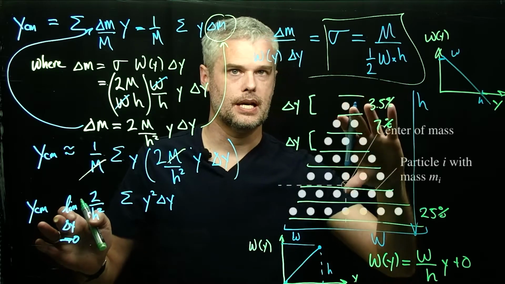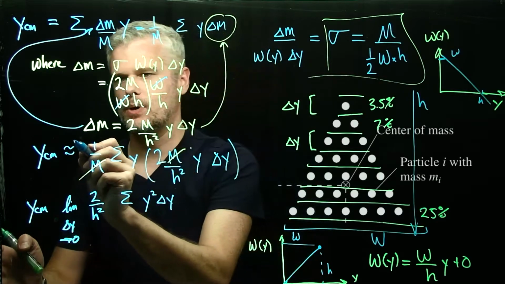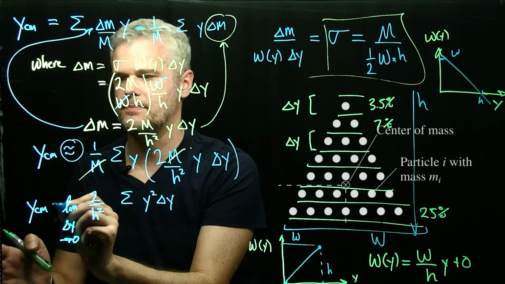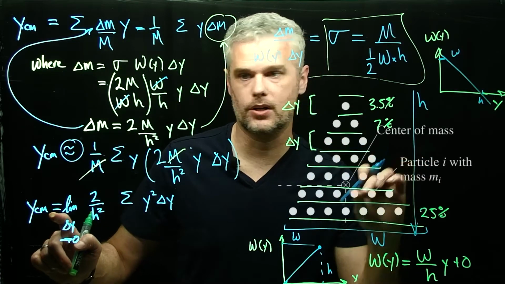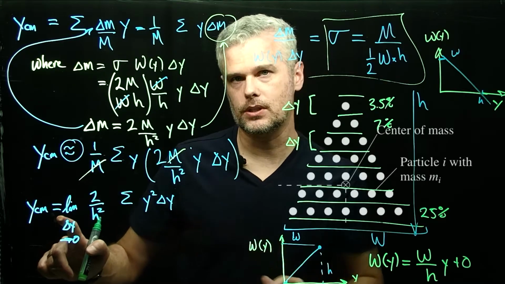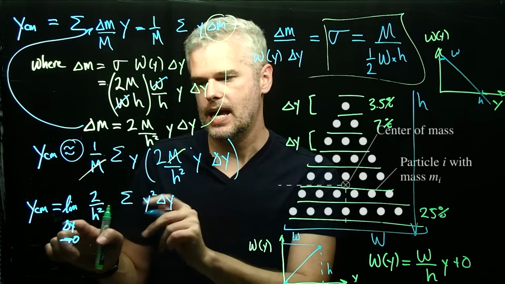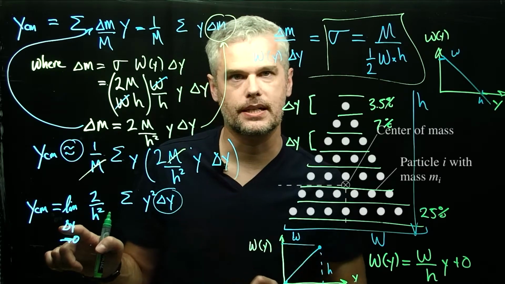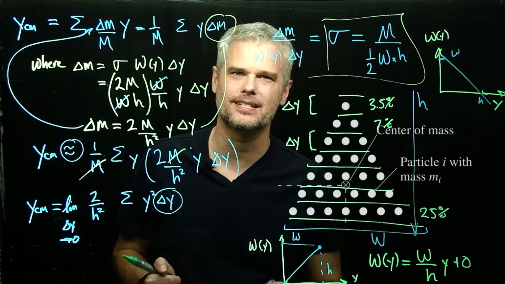In other words, this has to get closer and closer to the actual center of mass. That's why previously this was just an approximation. But when I take the limit that the slices get smaller and smaller and smaller, that becomes equal. What is the limit of this summation as this slice width delta y gets smaller and smaller?